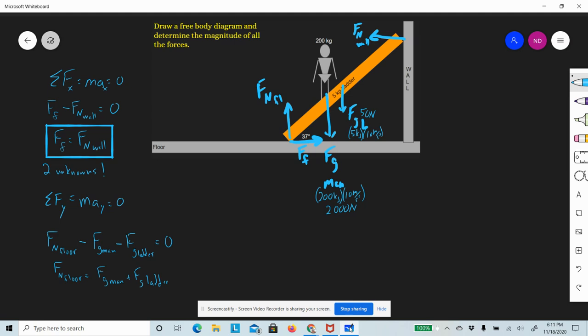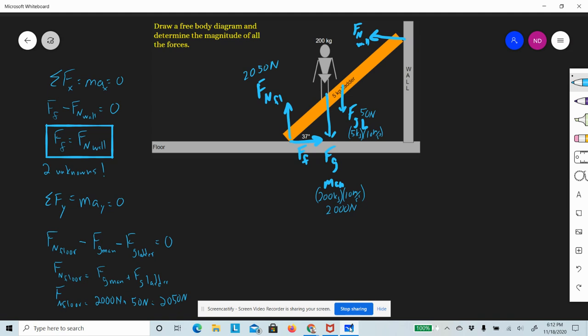So the normal force of the floor is equal to 2,000 newtons plus 50 newtons, or 2,500 newtons. So we can figure that one out. 2,000, I said 2,500. I should have said 2,050 newtons. In the y direction, it works.